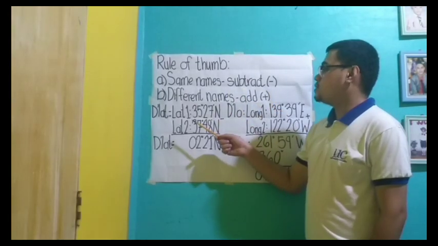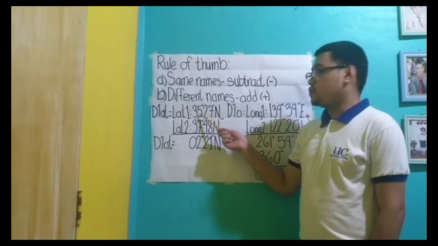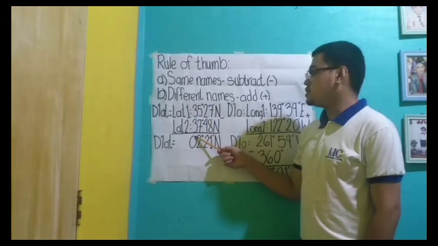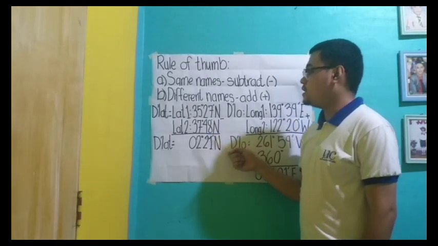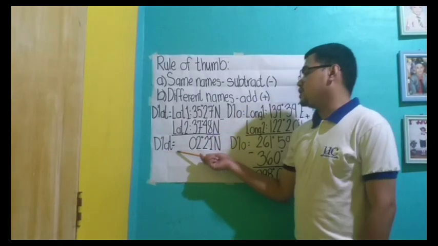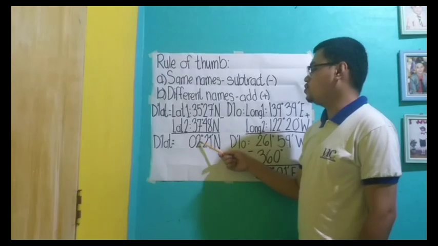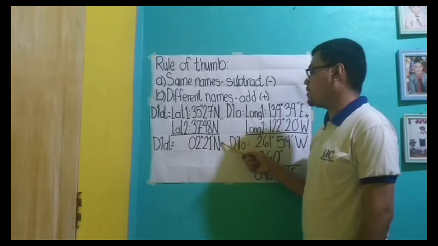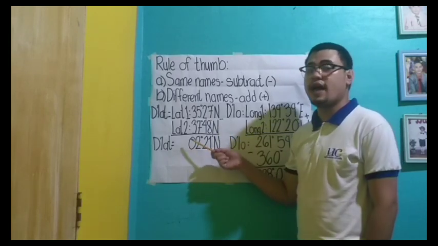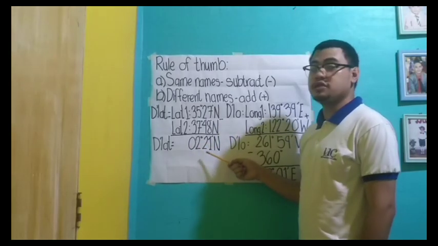So 35 degrees 27 minutes north minus 37 degrees 48 minutes north, and the difference of latitude would be 02 degrees 21 minutes north. So it is north because it belongs to the northern hemisphere and it follows in a northerly direction.